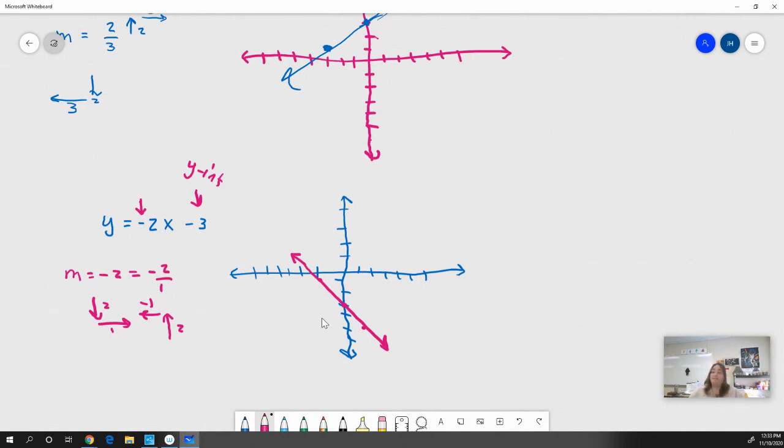So if you've got a negative there and you graph it and it's not going in the direction you think it's supposed to go in, you screwed something up in the slope when you were entering it.